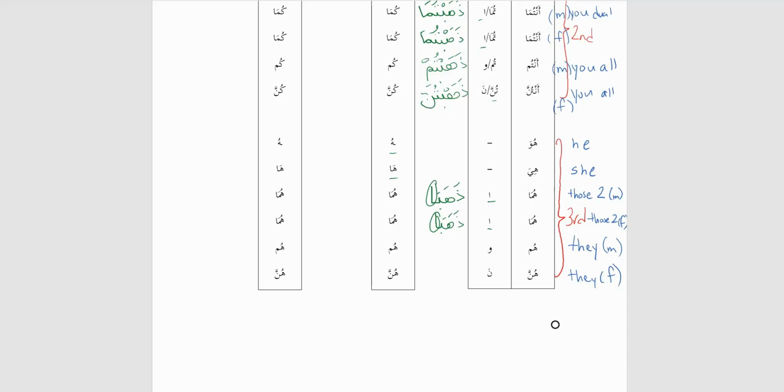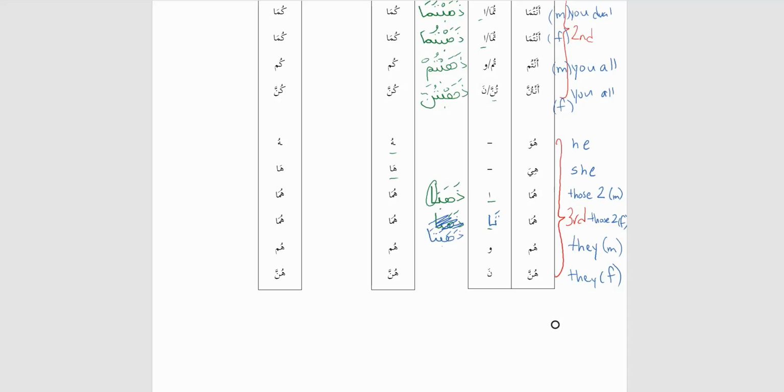Actually, this is incorrect. The masculine is correct, but the feminine actually is not an alif. It should actually be saying ta. So you can write that in your notes. This is actually ta alif. So this is not dhahaba, it is dhahabata.